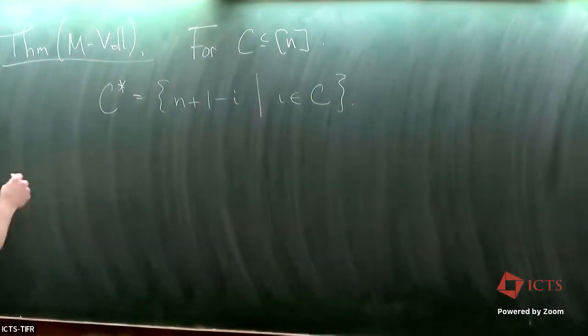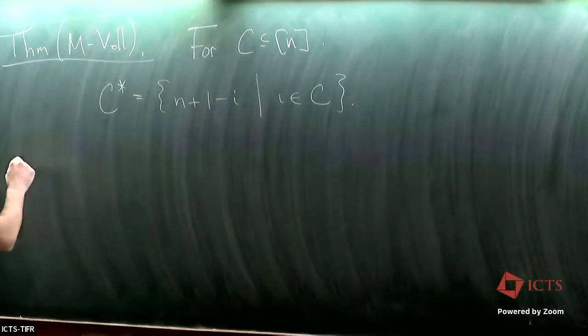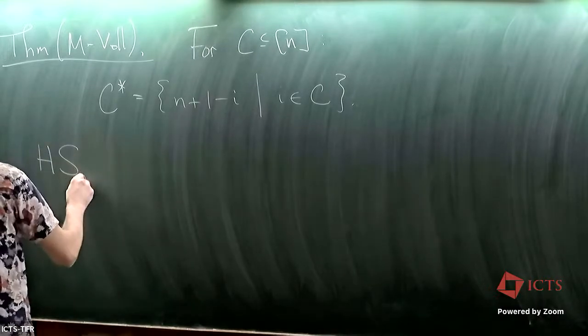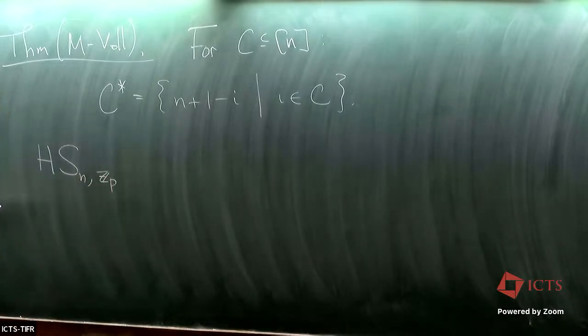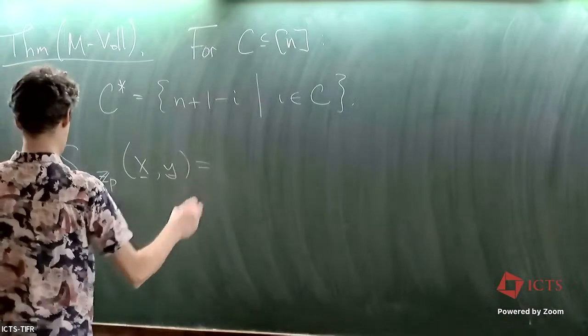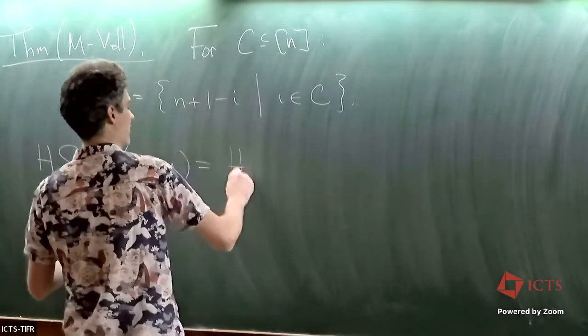Okay, then we have the following. Let me find that theorem. There we are. HS_n(Z_p), in variables x and y, is a substitution of HLS.